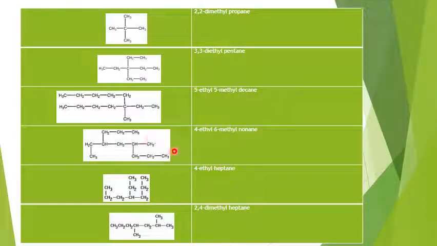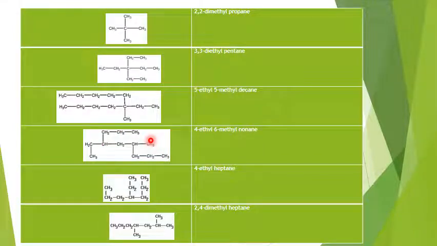All right, next one. Okay, so you can see this one kind of goes all over the place, and so you have to be careful. It's not going to be straight across. I believe it's going to be like this, okay? So 1, 2, 3, 4, 5, 6, 7, 8, 9. So it's nonane. Okay, and it has an ethyl coming off here, and a methyl coming off here.